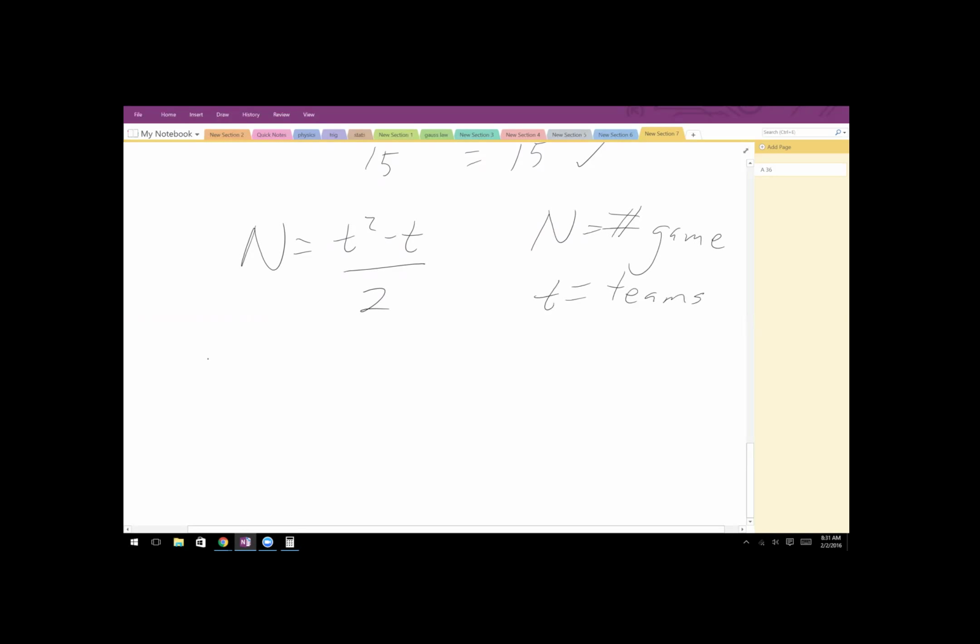And it says that the team has to play 15 games. And it asks for how many teams? 7 or 8 teams? I think it's.